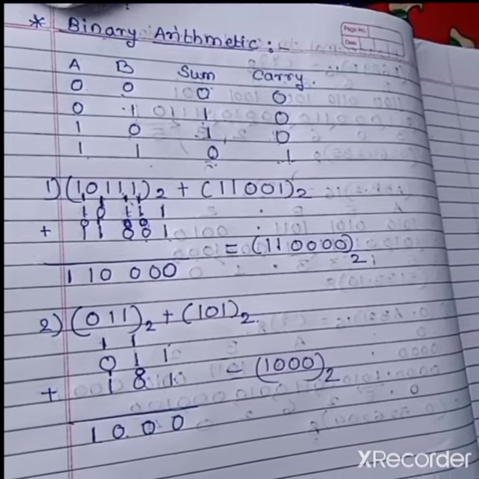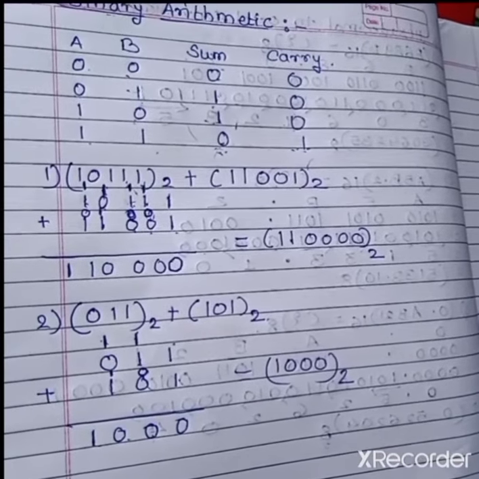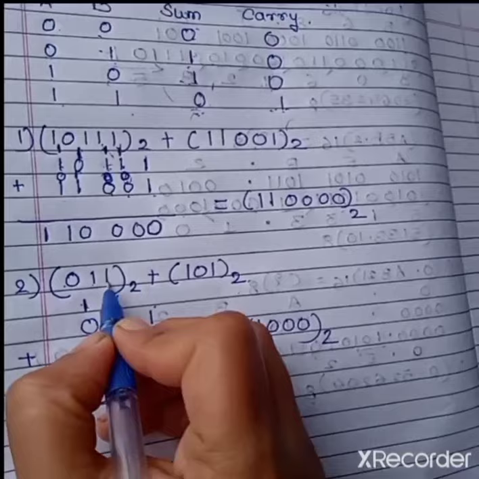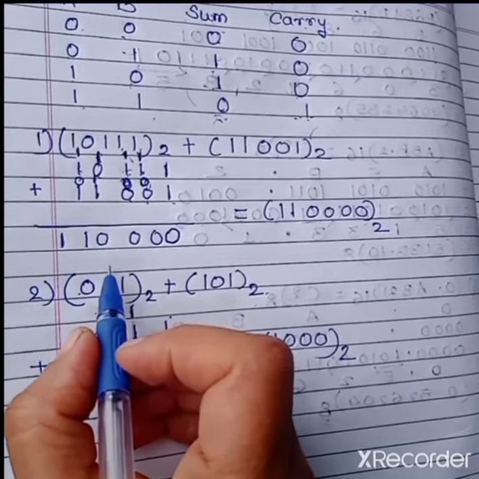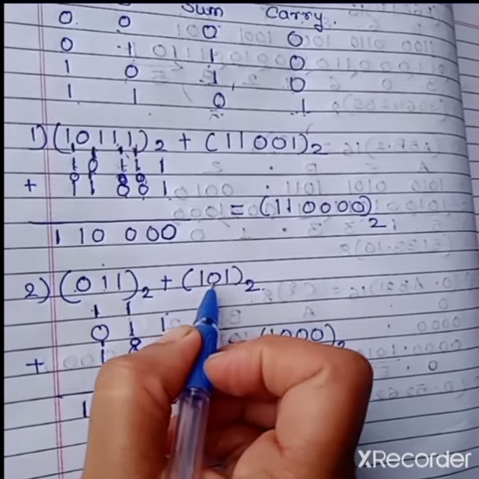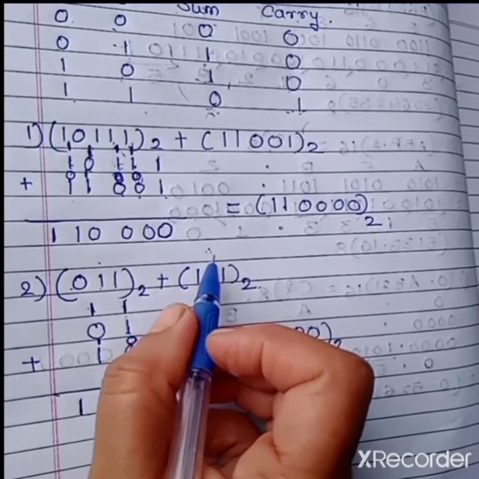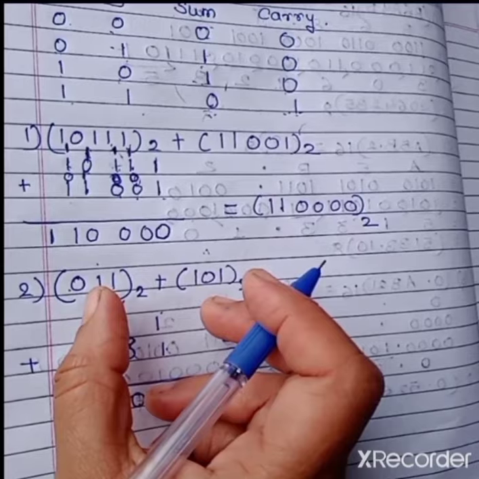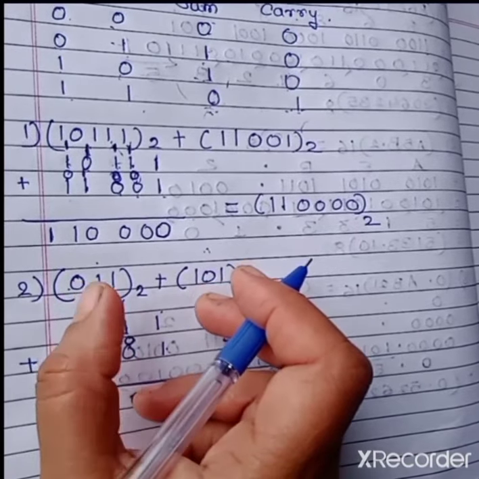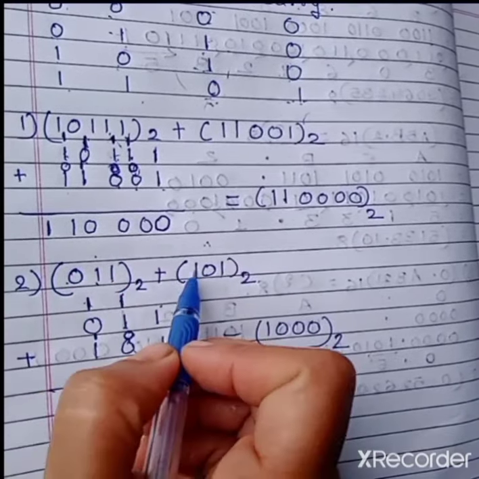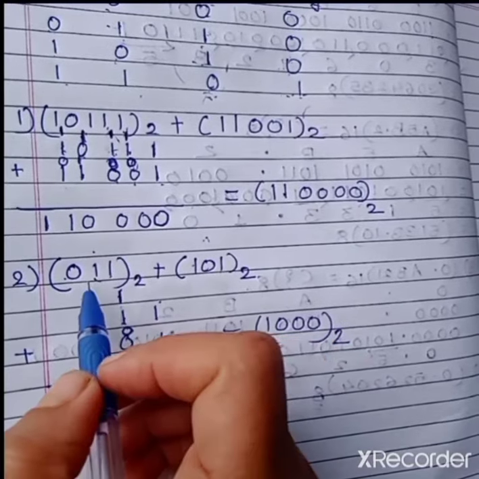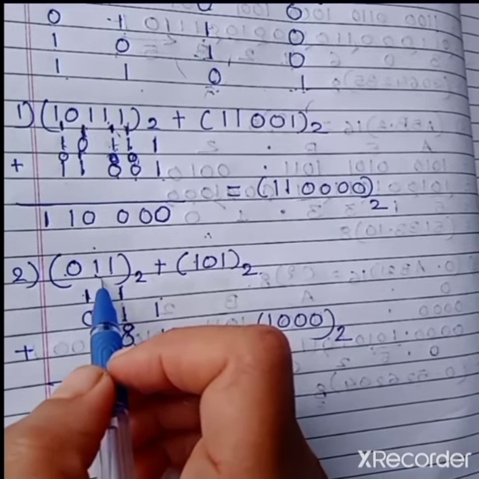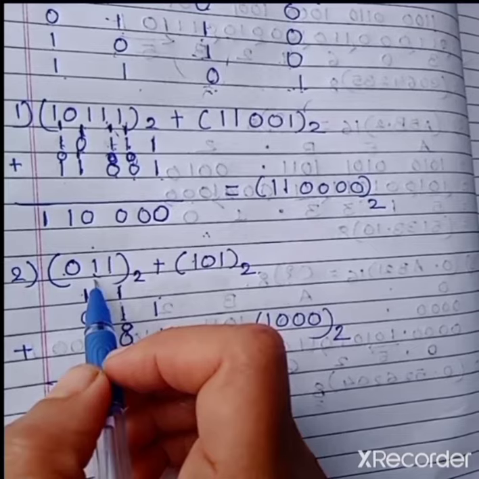Now how to check this calculation? 011 means it is decimal 3 and 101 is decimal 5. From that table of 2-bit, 3-bit, 4-bit binary, you can easily find what is the decimal equivalent for these numbers. So these are the small numbers. So from our table we can find out the decimal equivalent of this number.